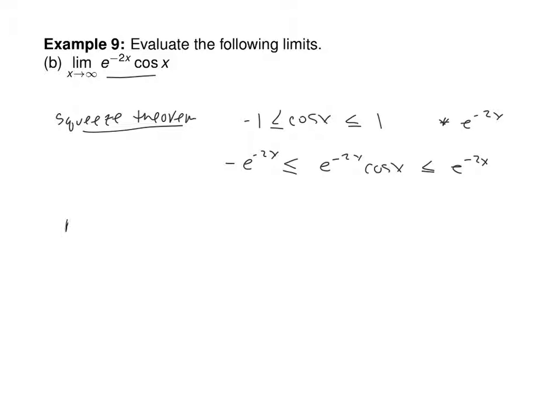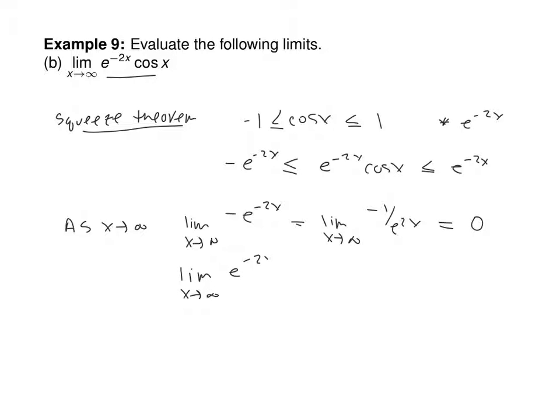Now as x goes to infinity, to take the first one, the limit of negative e to the negative 2x is the same thing as the limit as x goes to infinity of negative 1 over e to the 2x, right? So what is that limit? Negative 1 divided by e to a huge power. 0. How about the upper one, the right one?